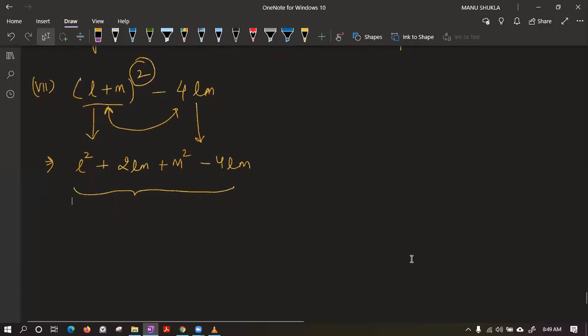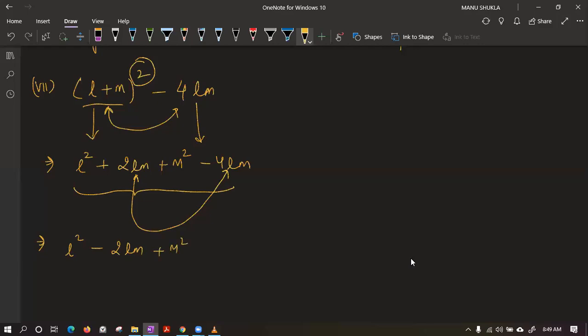Don't worry. So, class, we have two like terms, 2LM and 4LM. They are like terms, they can be solved. So it becomes L square minus 2LM plus M square, because minus 4 is larger than plus 2, so we will have a negative sign in the answer. And now you can say this is comparable to which formula? Vardhan, please tell.